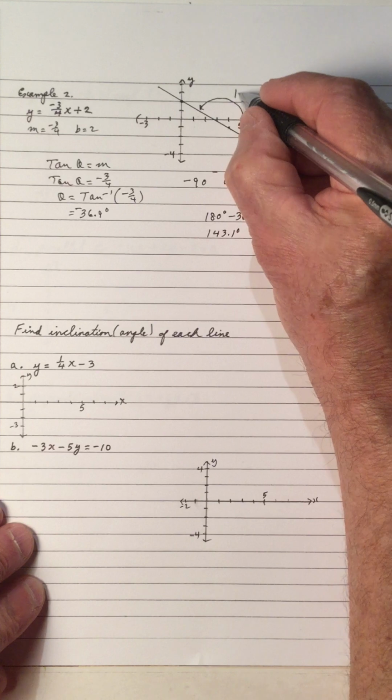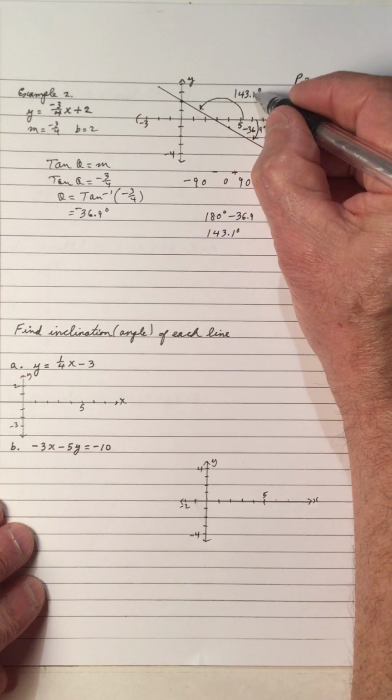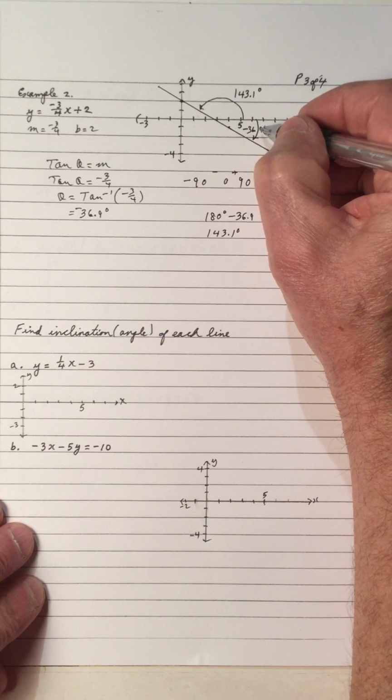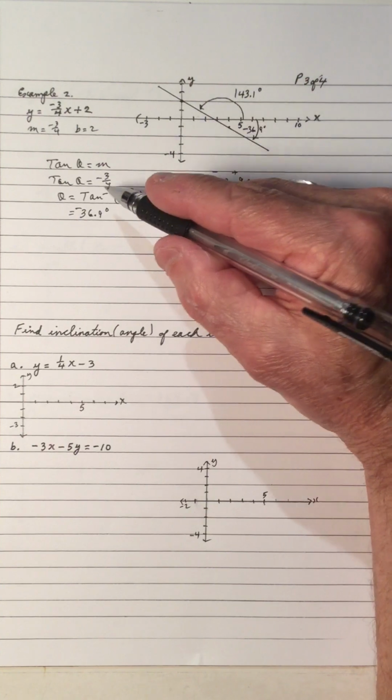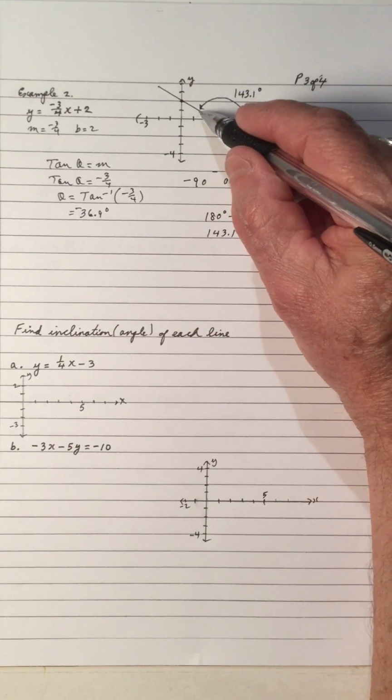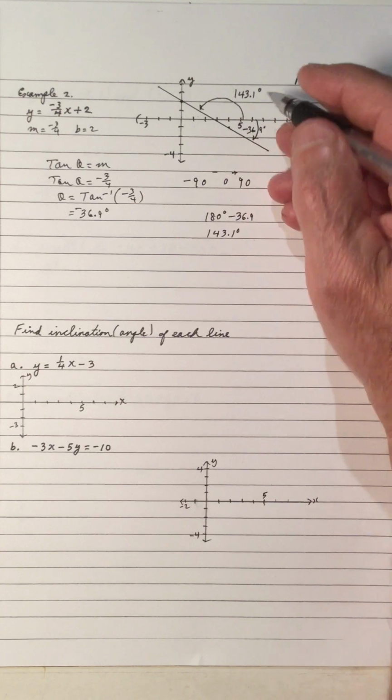So the angle of inclination is 143.1. 143.1 added to 36.9 gives you 180 degrees. Again, the angle is obtuse. Because the slope is negative, we'll have an obtuse angle. When the slope is positive, we'll have an acute angle.